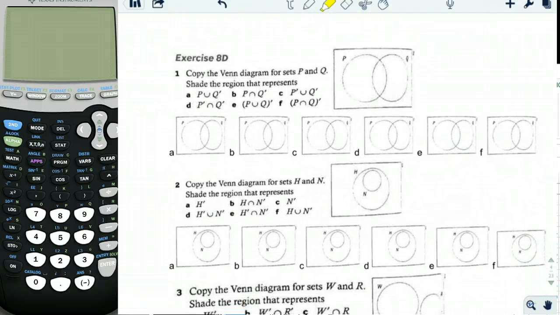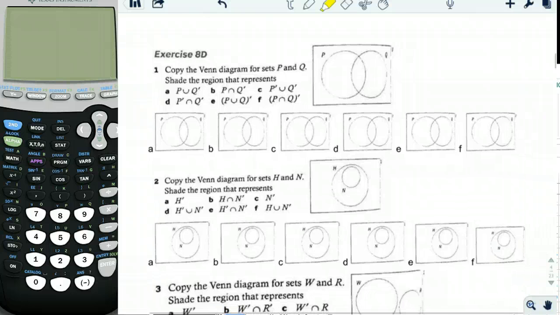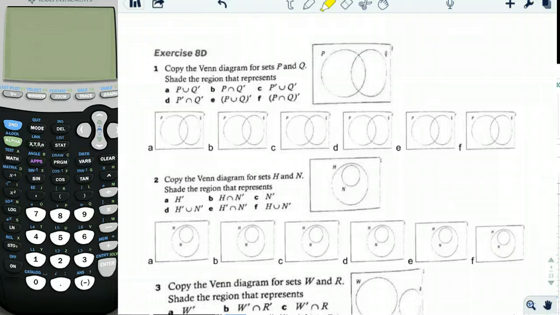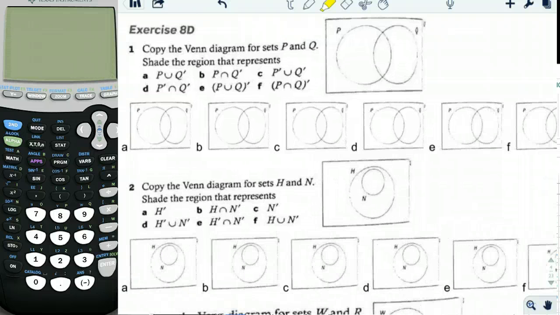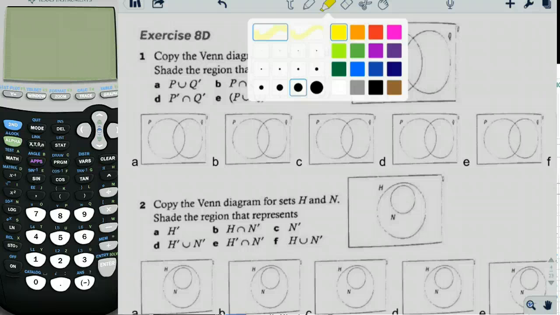Now we're going to do a few more specific problems like this. I'll do just some random ones here. Okay, let's do this one.